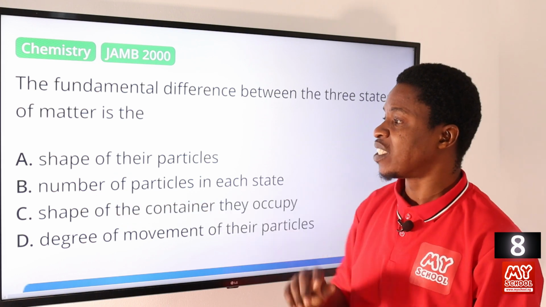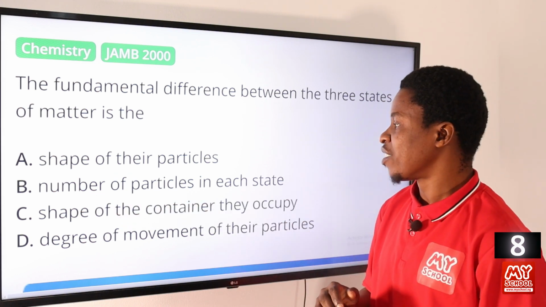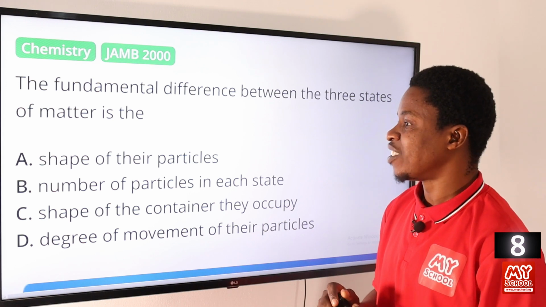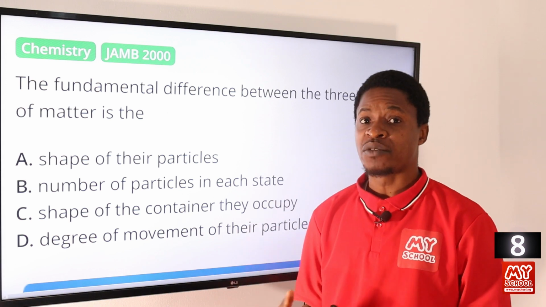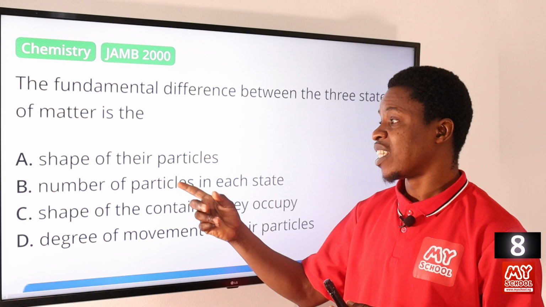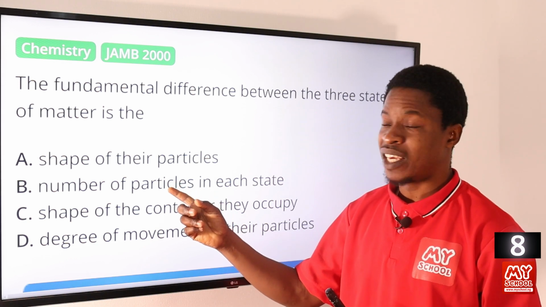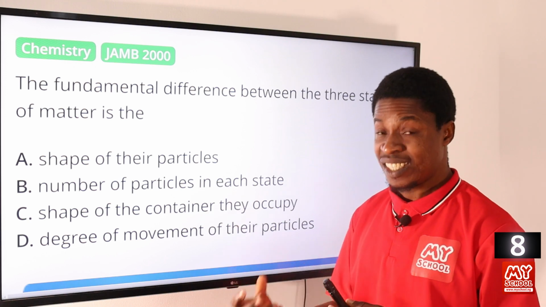We have option B, which says number of particles in each state. No, that is not a fundamental difference between them, because the number of particles actually varies from time to time, and there are other factors that can influence this. If we have a candle that is solid, if you apply heat to it, it's going to melt to liquid.